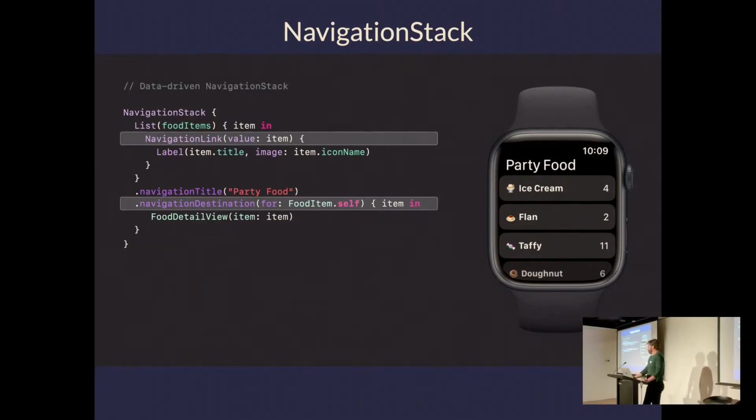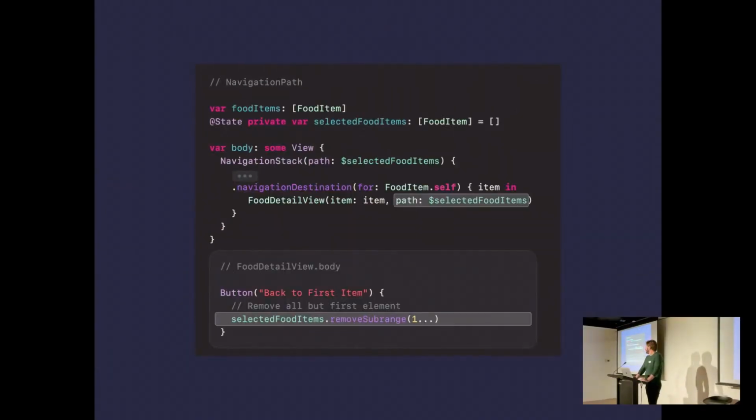Like if you receive a push notification, you tap it and you want to go to a specific screen, it's now a lot easier to do that by just using this navigation destination method or modifier. And they also allow full access to the navigation stack, which is really helpful. Let's say you want to have a button that takes you back to the start of the app, or say you log out, you just want to clear the stack.